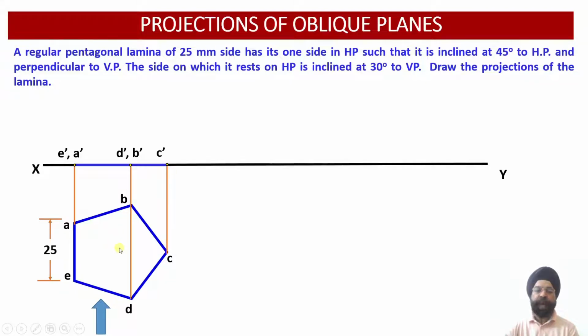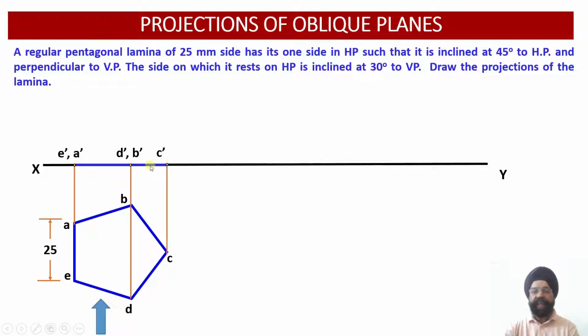That is why it is parallel to the horizontal plane. So first, on the horizontal plane top view we have drawn. Then step second, we have drawn the front view of this lamina, and since one of the edges of this lamina after the inclination was contained by the horizontal plane, so we have to assume that this lamina is contained by the horizontal plane to begin with.